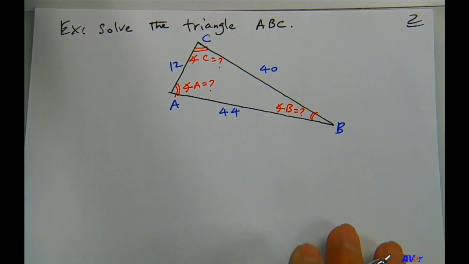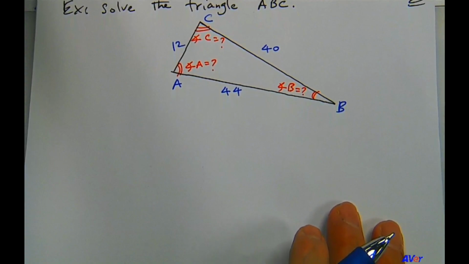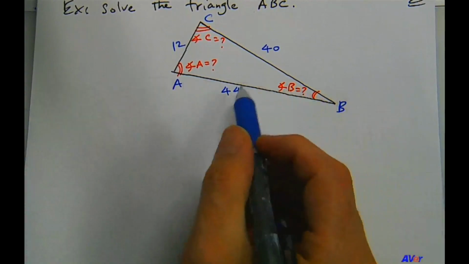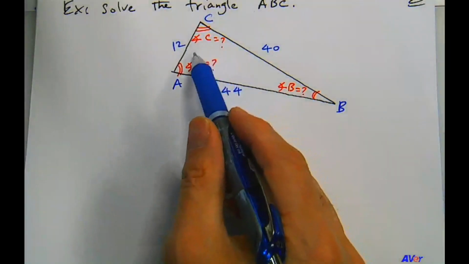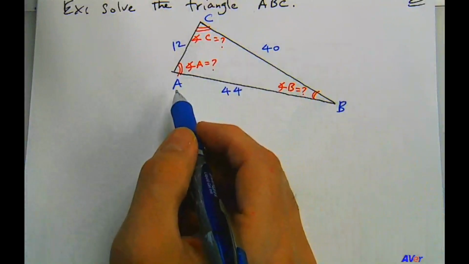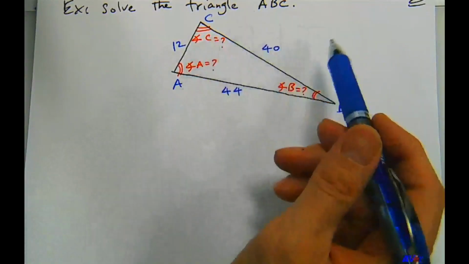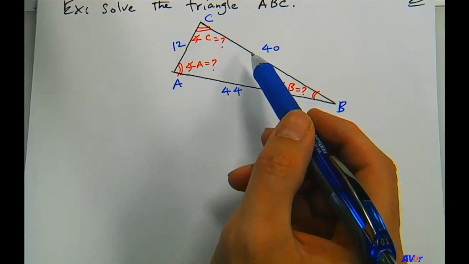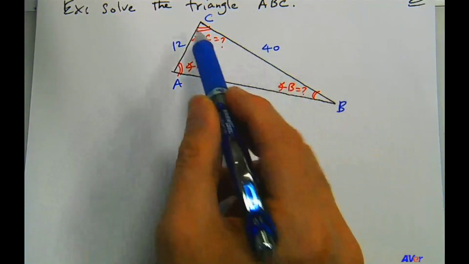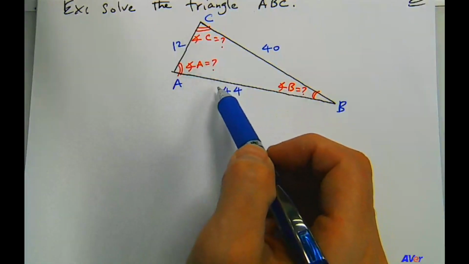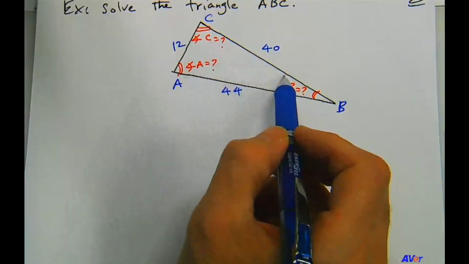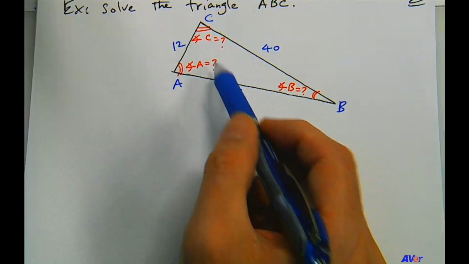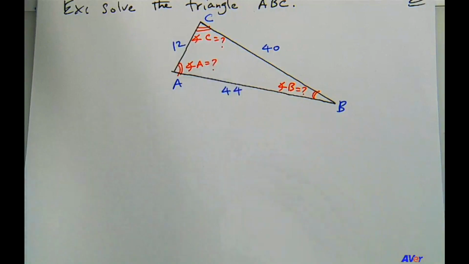The law of cosines can easily be used to find each of these angles. We actually need to find only two of them using the law of cosines. Once we know any two angles, we can easily find the third one by adding the other two and subtracting from 180.